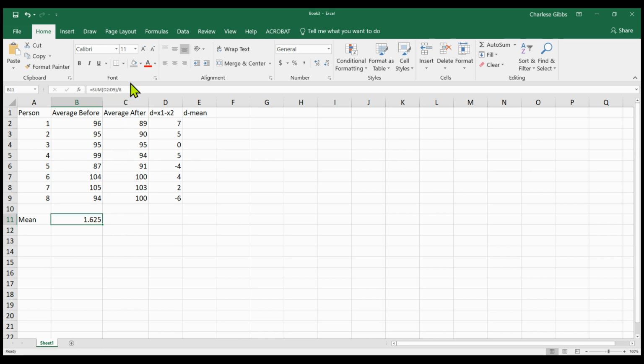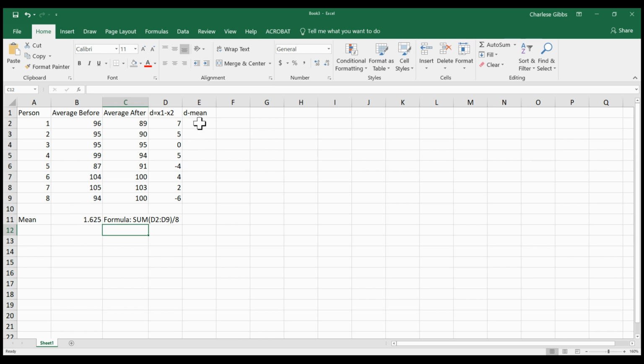I'm going to write this formula on the side so you can see what that was, so you'll know where I got that from. That's important because I don't want to use this cell for my mean up here.